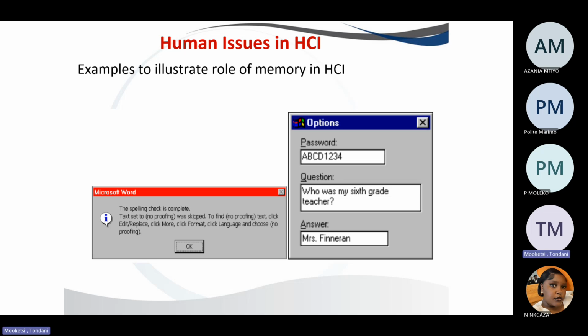In user interface design, it is very important that the interface is clear to the user on what they need to do next, and that it is clear on the screen.